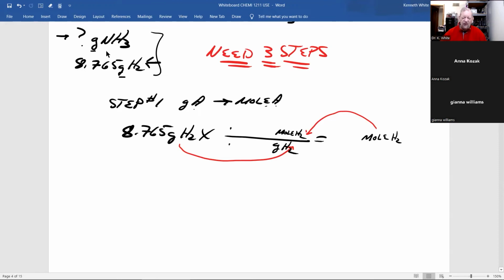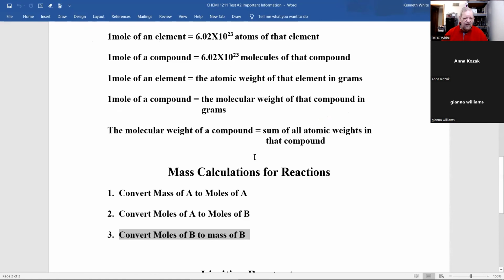And where do I get the relationship between moles of a compound and grams of a compound? If we look at important information, test number one, I've got to change the name, I haven't yet. 1 mole of a compound equals the molecular weight of that compound, and the molecular weight is the sum of all atomic weights.